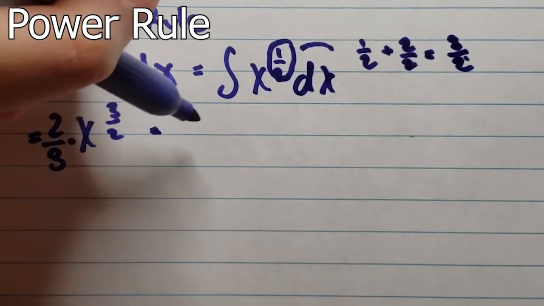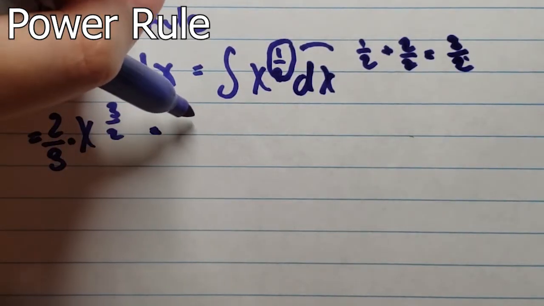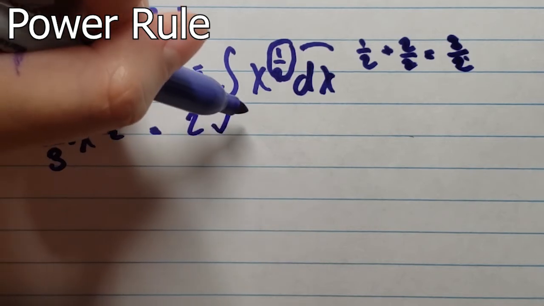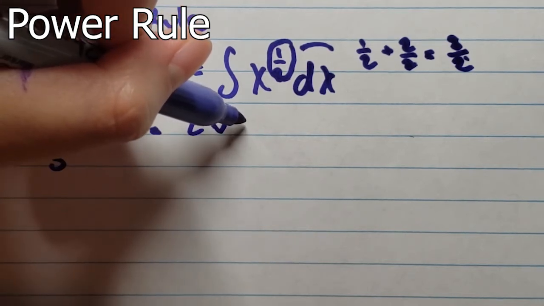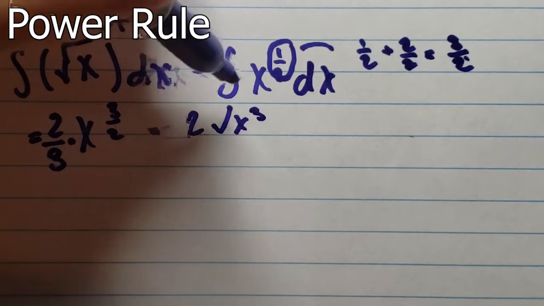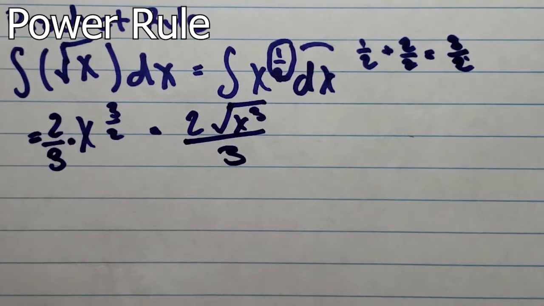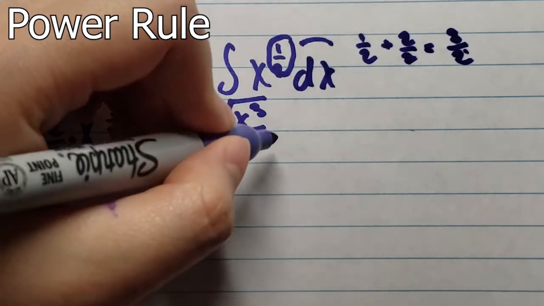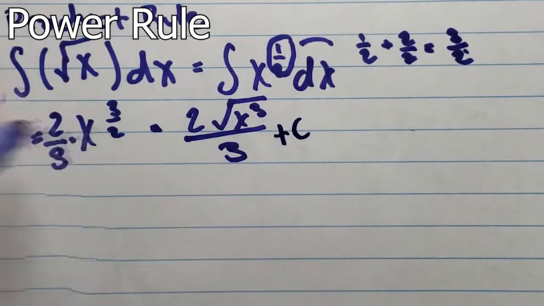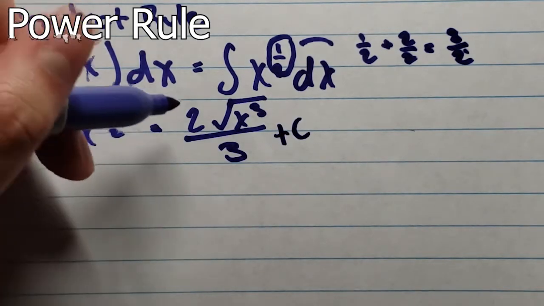Or you can also do this by multiplying by the reciprocal. Over here, I'm also simplifying the equation, and adding the constant. And that's our solution.